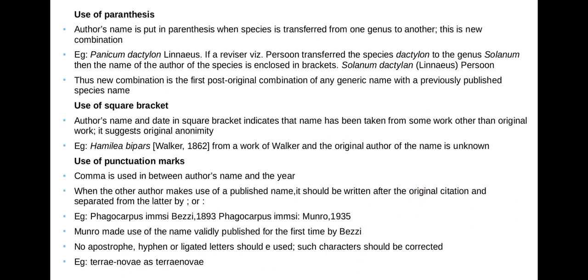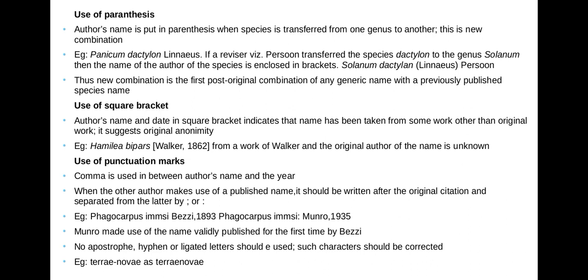Then use of punctuation marks: a comma is used in between the author's name and the year. When another author makes use of a published name, it should be written after the original citation and separated from the latter by a colon, a semicolon, or a dot. Monroe made use of the name validly published for the first time by Bessie.